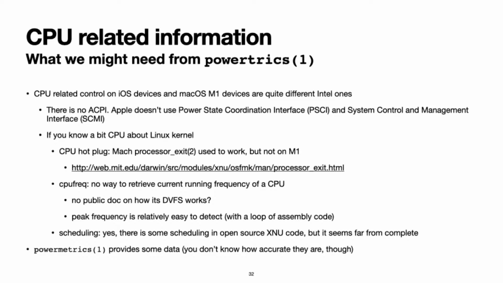And there is no public document on how its DVFS works. Yeah, the peak frequency is relatively easy to detect. You can write a group of assembly code, then you can detect it.